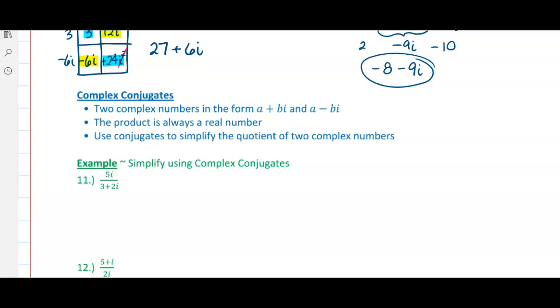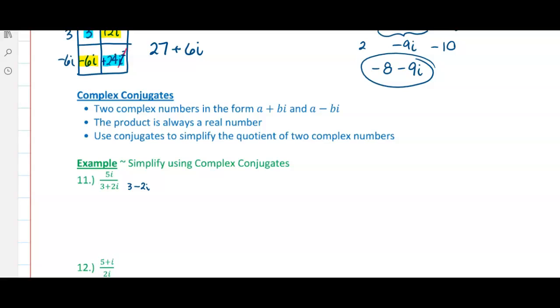A plus bi and a minus bi are considered complex conjugates. It's not strictly the opposite, but you do change the sign in between the real and imaginary component. So the complex conjugate of 3 plus 2i is going to be 3 minus 2i.